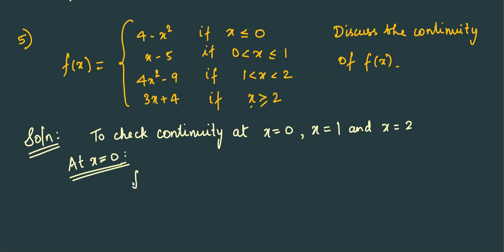So function value at 0, when you substitute 0, this equal to sign for 0 is for this expression. That means function will be defined by 4 minus x square. So 4 minus 0 square, that is 4.